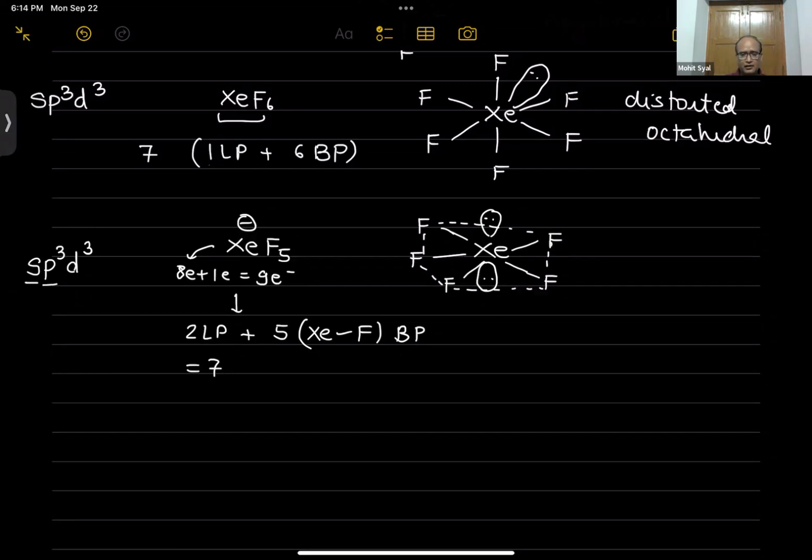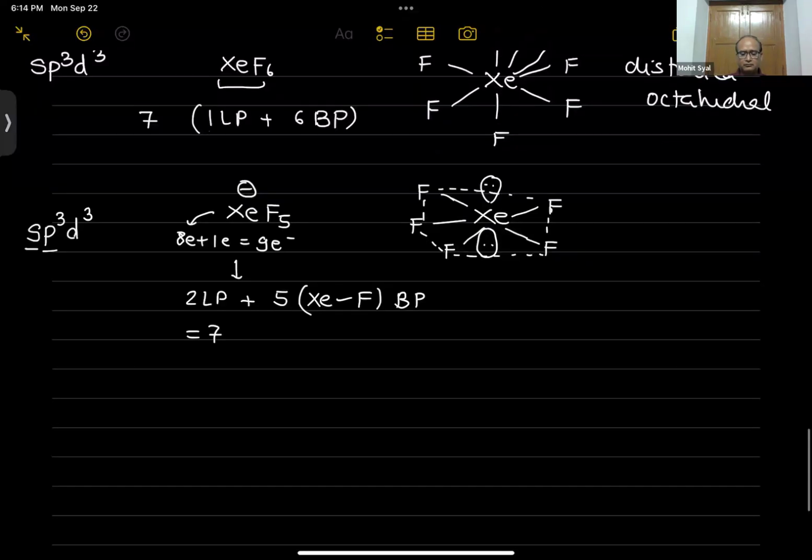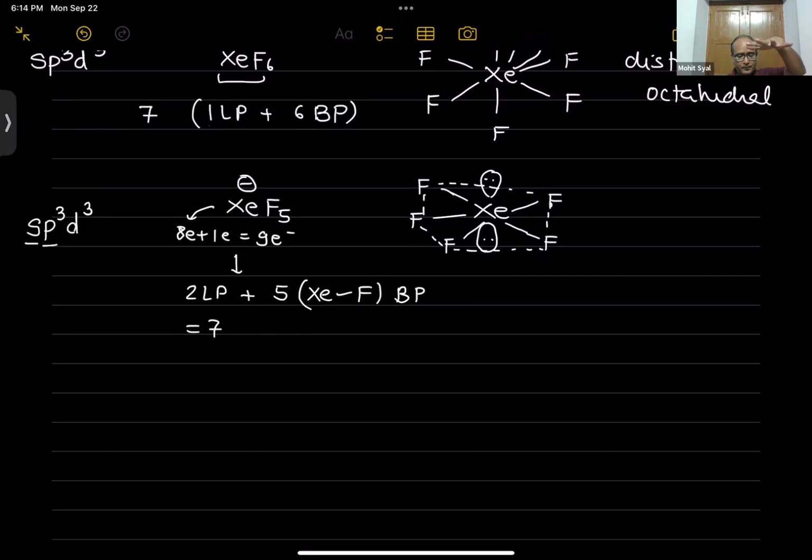In the shape, don't consider the lone pairs, because you do not have any atom on the other side. They are like this, 5 of them. Can you see? Pentagonal planar. Is it clear?